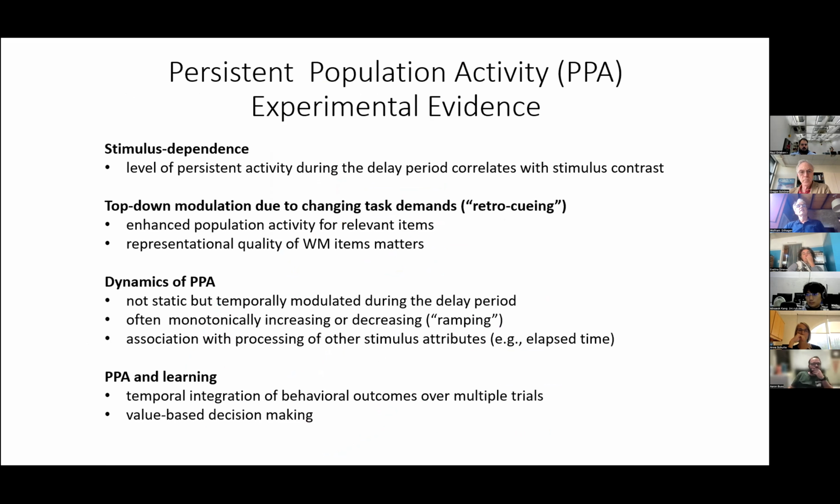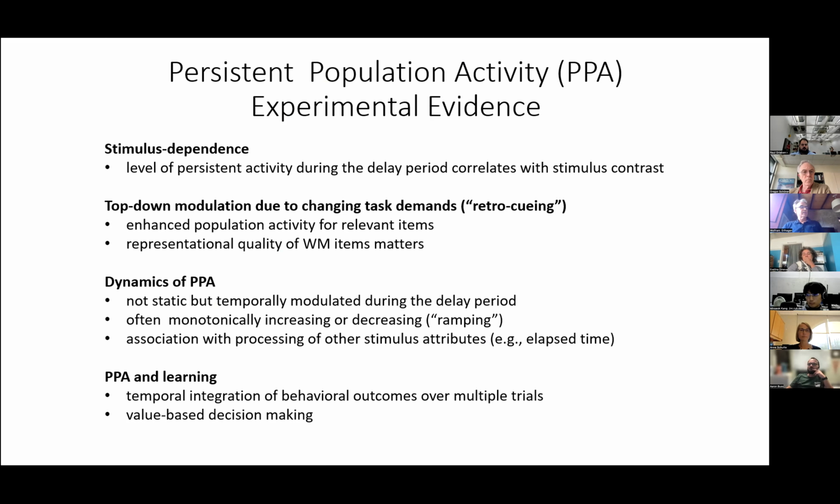There's also the idea that the neural representation can be enhanced by top-down modulation when one of the items in working memory becomes task relevant. Retro-cueing is here the key word. It leads to enhanced population activity.